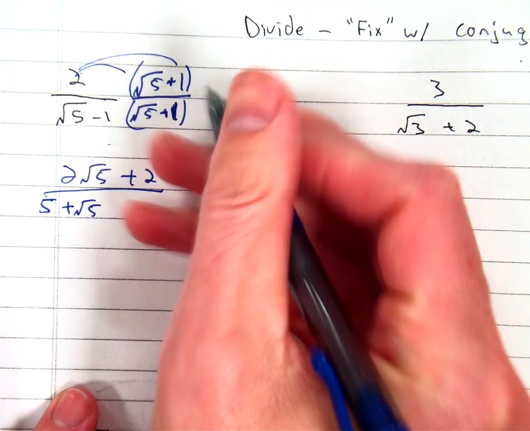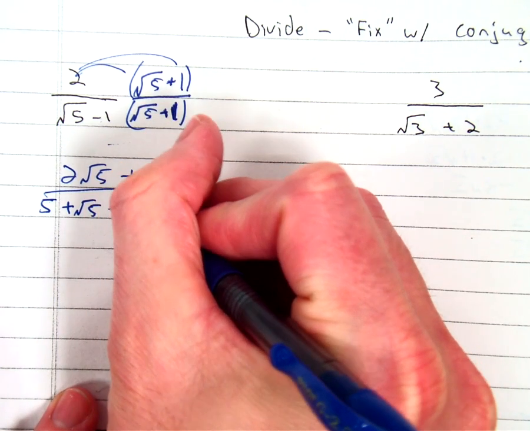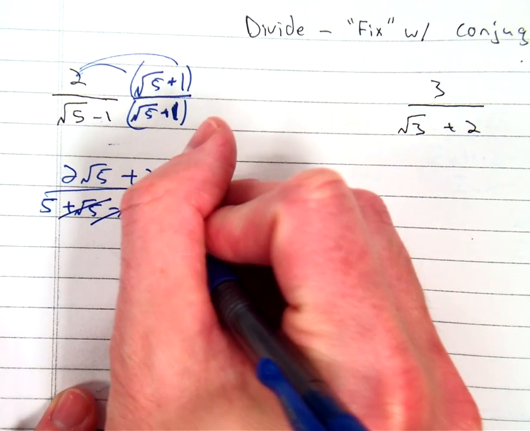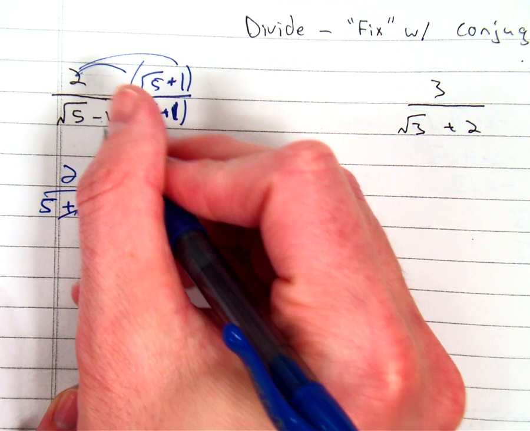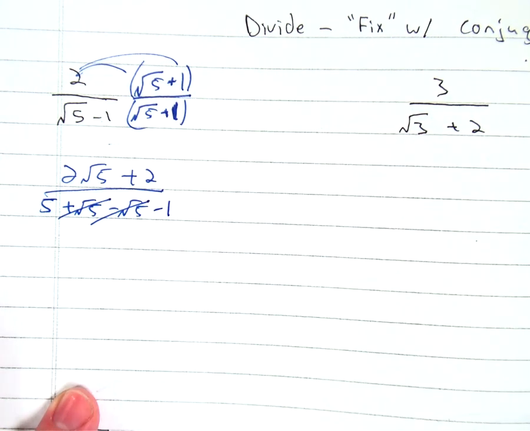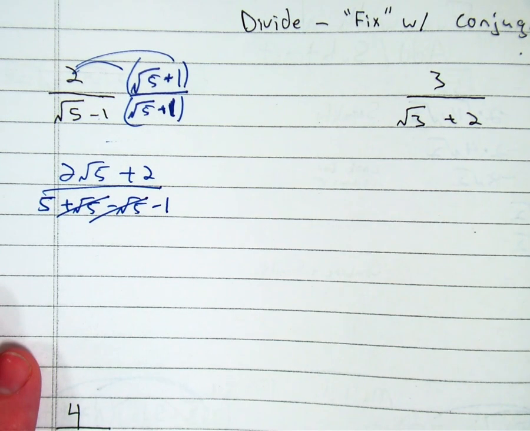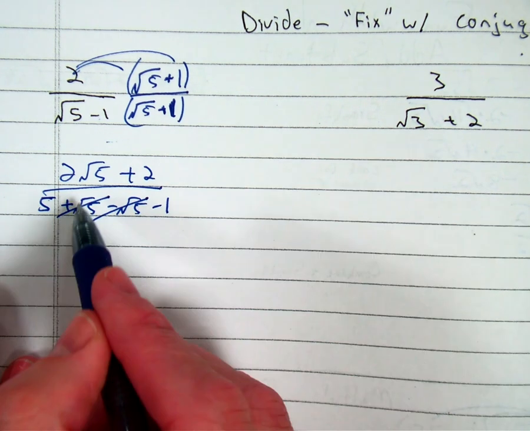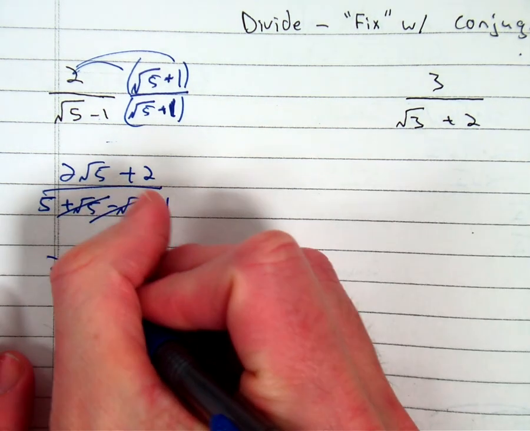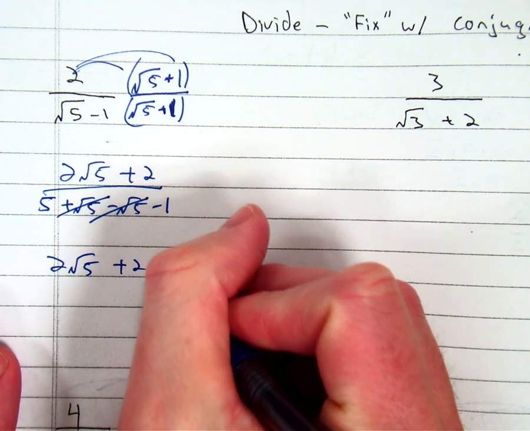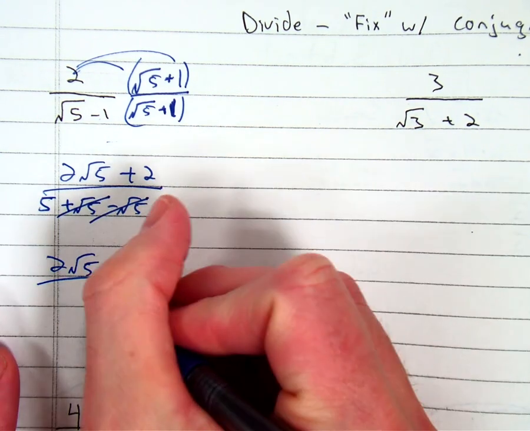Negative 1 times radical 5. We have minus radical 5. And those cancel out. And then we have minus 1 times 1. So we got 2 radical 5 plus 2 over 5 minus 1 over 4.